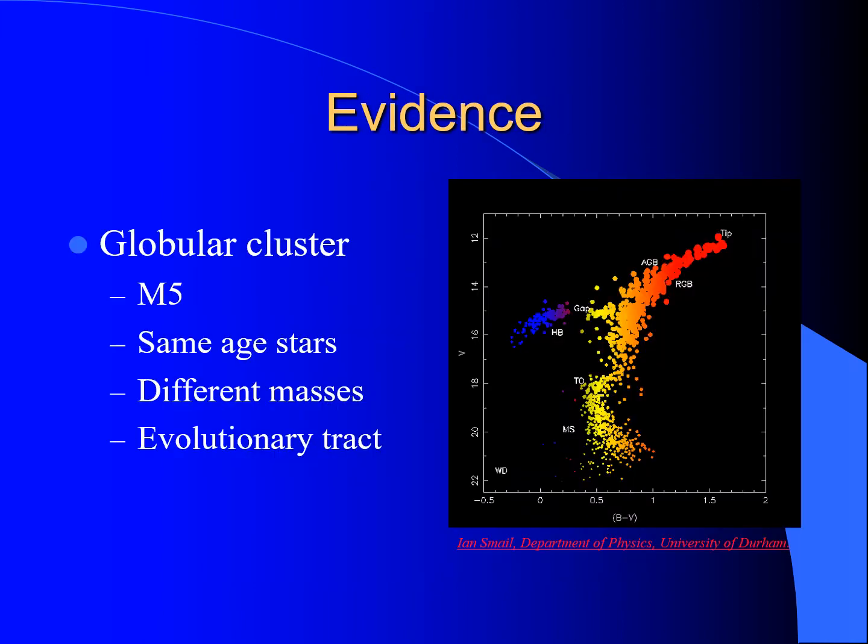Okay, so what proof do we have? So here's the evidence. We actually look at globular clusters. This is actually M5. And what we do is we plot all of these stars in the cluster because they're all the same age. So you may say, well, wait a minute, how does that work? They're all in different parts of the main sequence on this diagram.